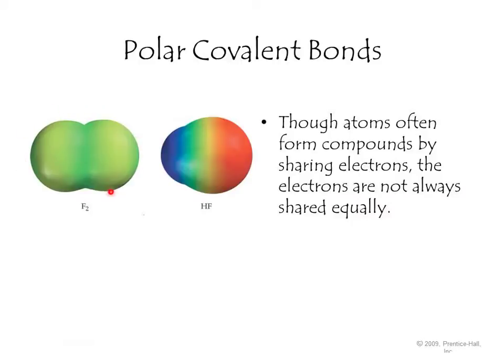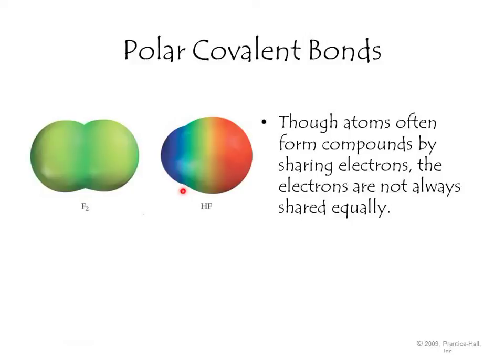Fluorine here looks like equal sharing. The reason it's equal sharing is that the electron cloud densities look about the same. But if you look here in the HF, it's not quite the same. You see that this side is much larger than this side.